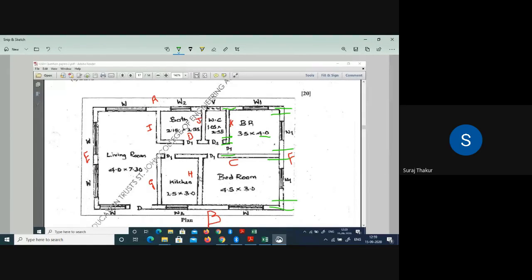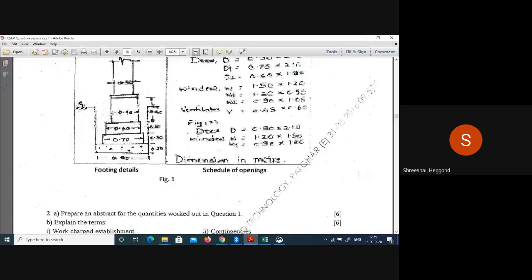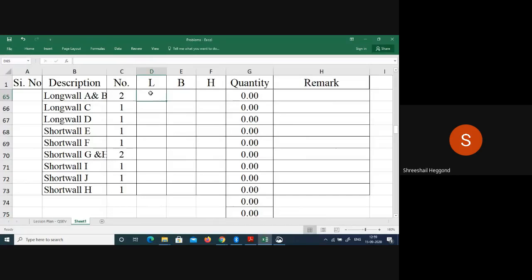Okay, fine. Next, the second footing. Second footing dimensions are given as 0.6 is width and height is 0.3. Center to center length is 11.9 plus both the sides you have to add, that is 2 into 0.6 divided by 2.